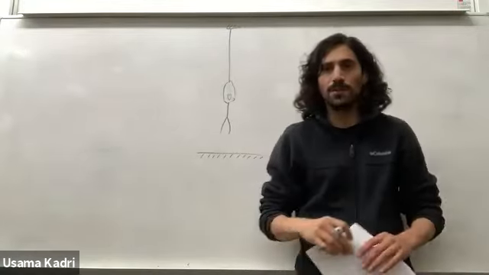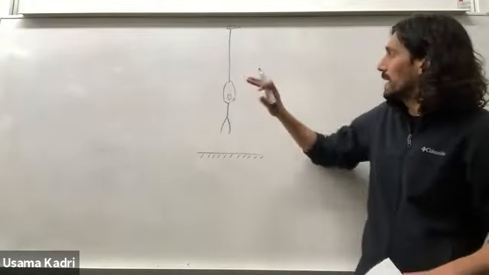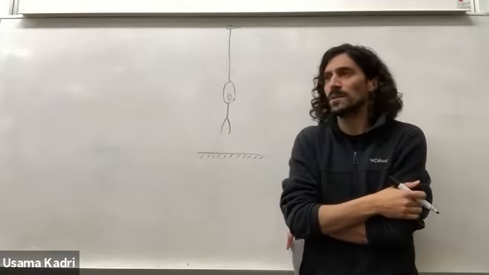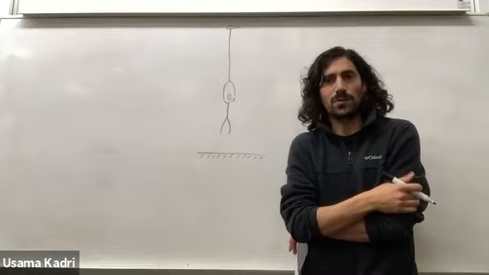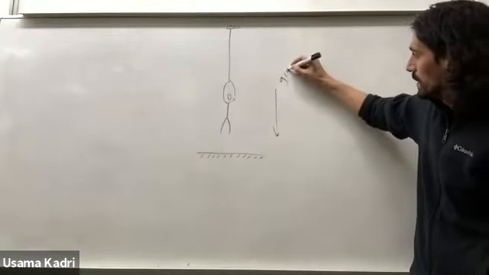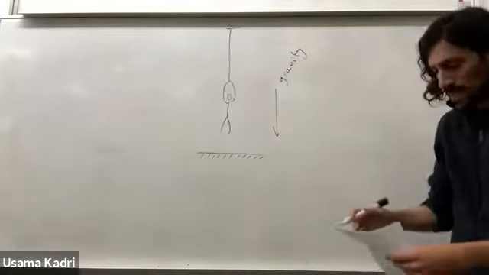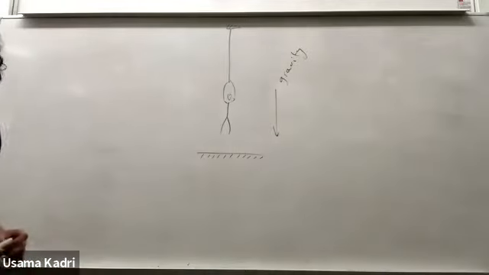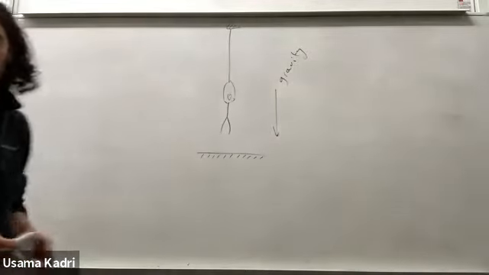You can do it yourself also, and then I can ask you, what do you feel in your hands? You can make a mind experiment. What do you feel in your hand? You know that gravity is acting downwards, right? So gravity is downwards. But what do you feel in your hand, in the string?